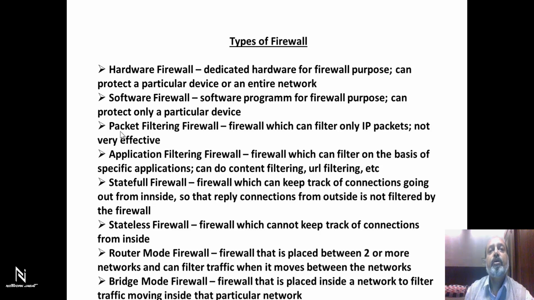For example, if you want to block YouTube, right, in that way you cannot simply block by blocking its IP address. You have to block a particular URL which contains the string youtube.com, right?